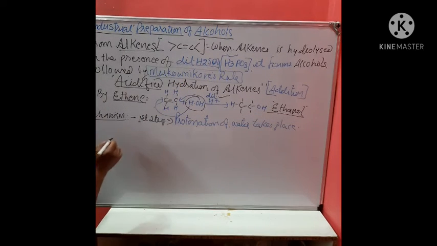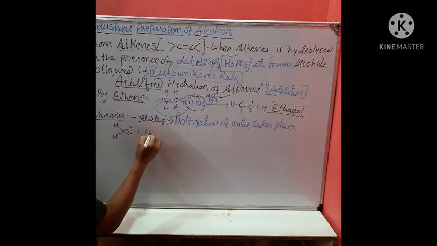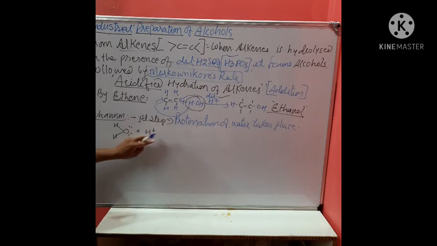How is it? O, H and H. Student, whenever we have to show mechanism, we must show its proper structure. Plus H cation. It is obtained from dilute acid.